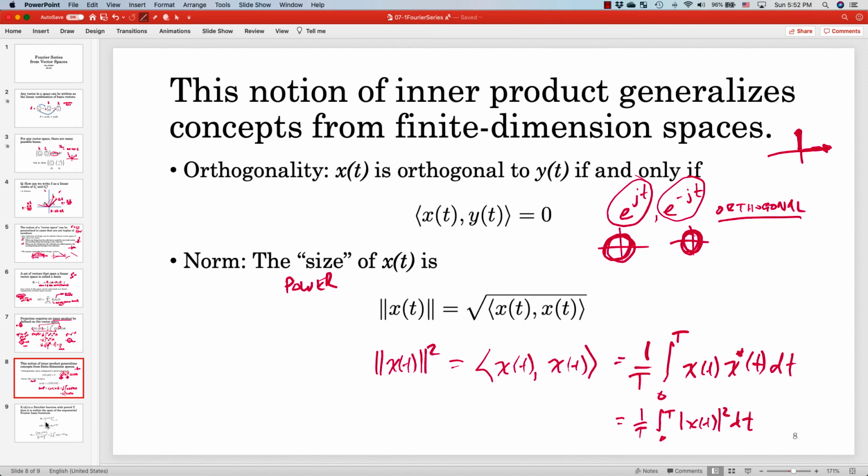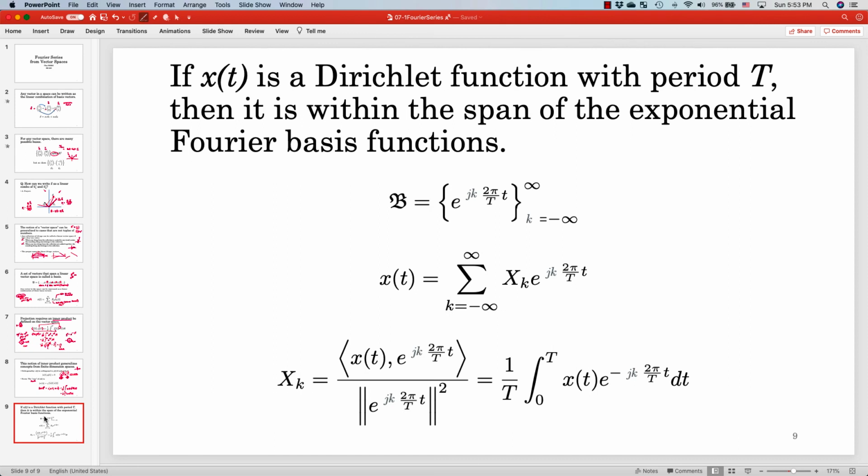So to wrap this up, we have proposed to us from Mr. Fourier that this set of vectors, called the exponential Fourier basis set, the set of exponential functions whose frequency is an integer multiple of the fundamental frequency, form a basis. This is an infinite set, because k runs from negative infinity to infinity on the integers.